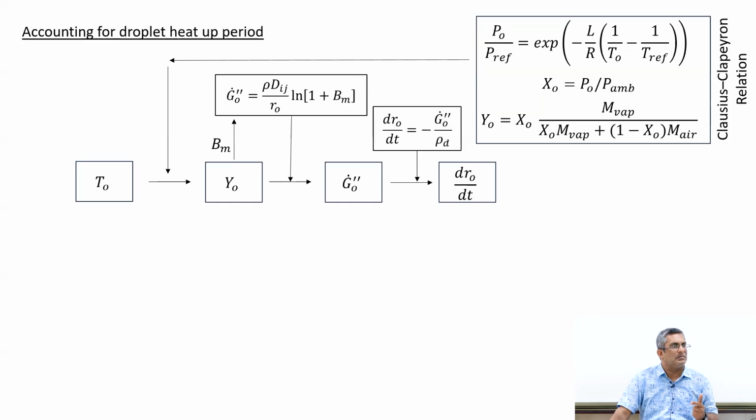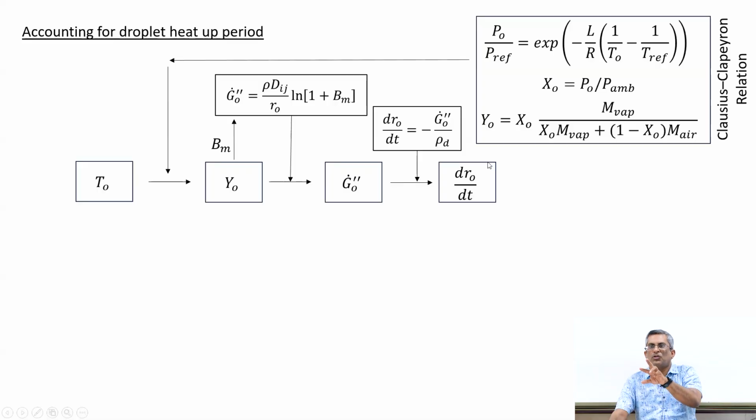How? If you remember, we can express the rate of change of mass through G naught. G naught times the surface area is basically the rate of change of mass, but this is also equal to the rate of change of density times the volume, and by equating these two we got this expression. So the point is that if we know G naught, we can calculate the rate of change of particle size.